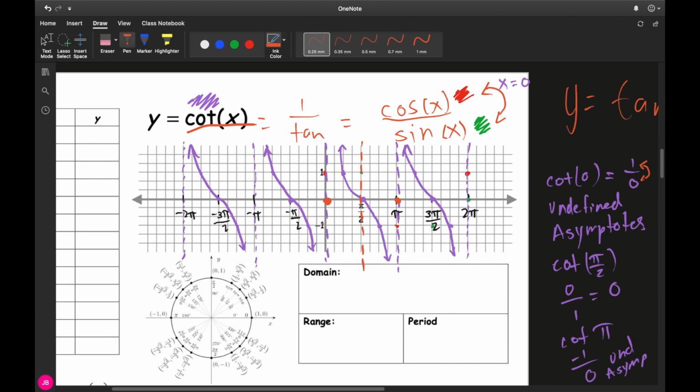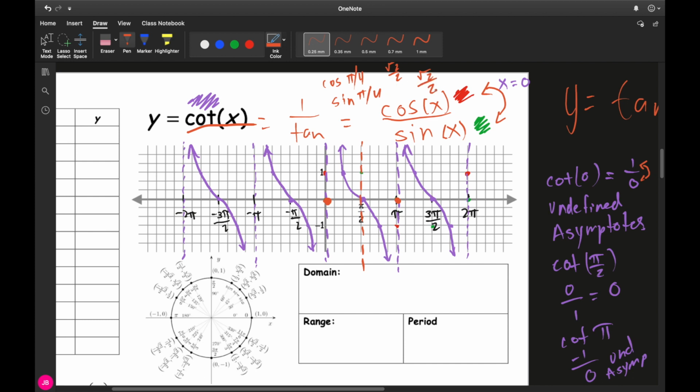And if you will notice that when we take, let's say for example, the cosine of pi over 4 and the sine of pi over 4, we're looking for this value right here. What is this value going to be? Well, cosine of pi over 4, that's the cosine of 45 degrees, is going to be square root of 2 over 2. And the sine of pi over 4 is also going to be the square root of 2 over 2.